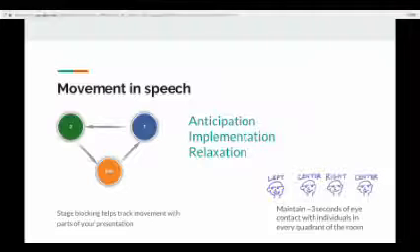There's also gestures with your hands that are really important to gear your audience towards your nonverbal communication. So there's anticipation gestures, which is a raising of the hand, and this is you ramping up an argument. Implementation might be bringing your hands back to the middle of your body, where you're pointing and making sure your point is made.